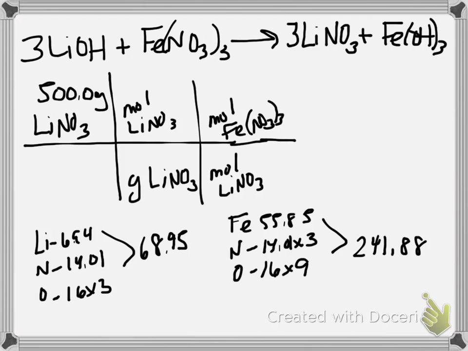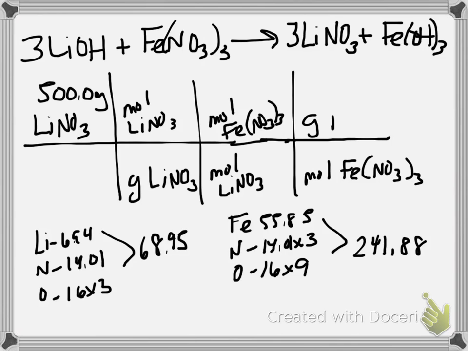And then we want to know what mass of iron 3 nitrate we've got, so we know that we're going to want to go from moles of iron 3 nitrate back to mass of iron 3 nitrate.